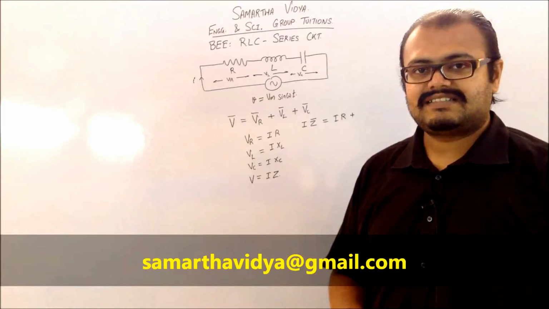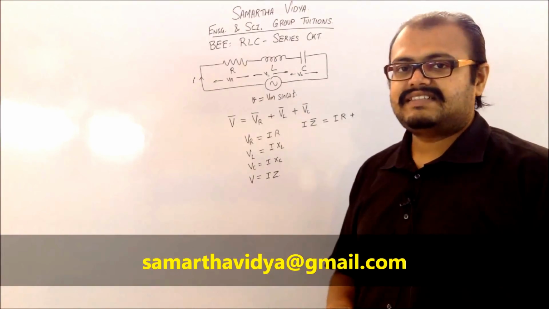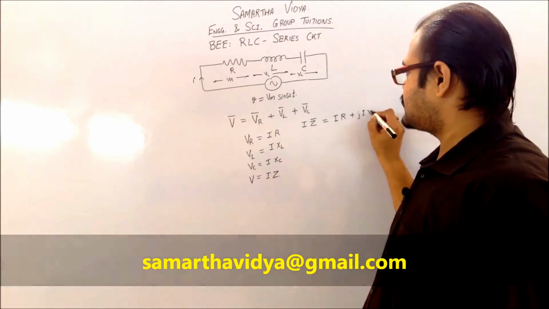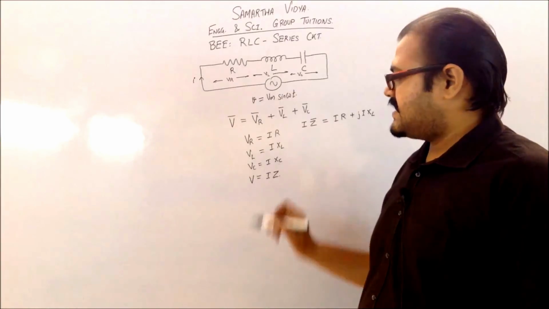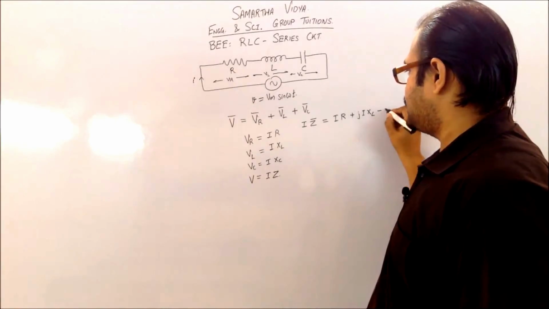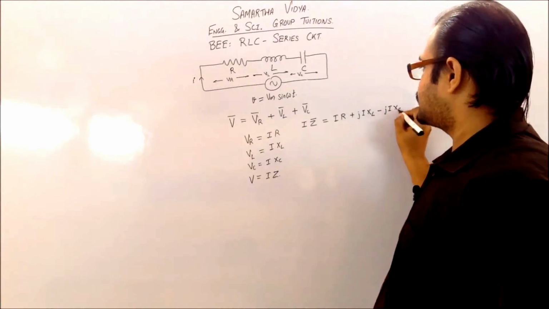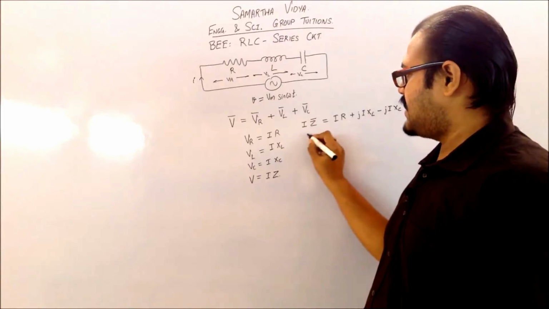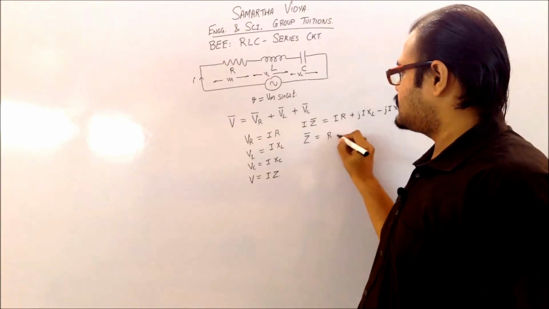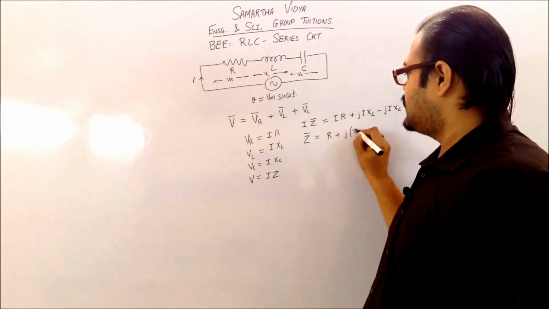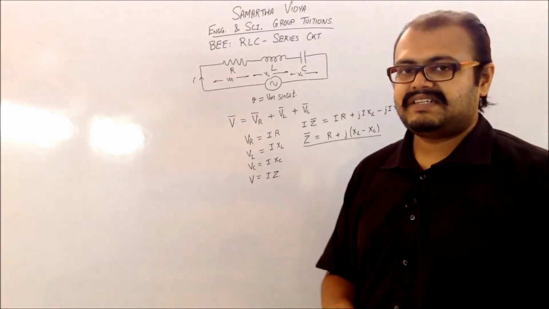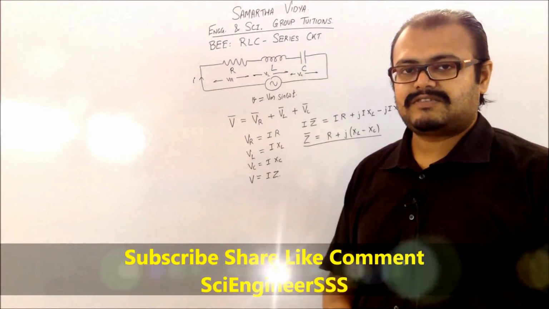As we had already discussed, XL is represented by jXL, so this will be jI XL. For the capacitor, XC is represented as minus jXC, so it will be minus jI XC. Taking I common, the impedance Z will be given by R plus j times (XL minus XC). This becomes your phasor impedance formula.